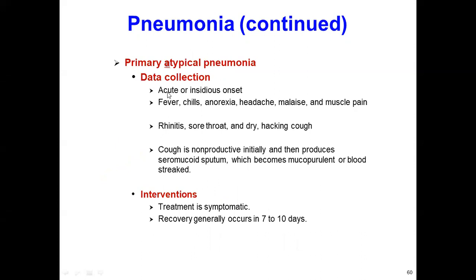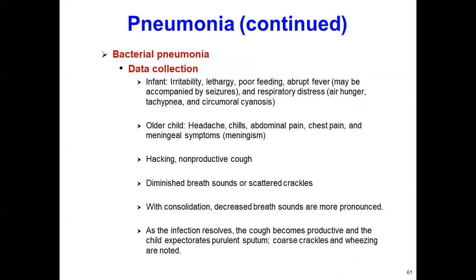Atypical pneumonia has an acute or insidious onset, like what we discussed before. The patient presentation, signs, and symptoms are almost the same: fever, chill, anorexia, headache, malaise, muscle pain, sometimes rhinitis, sore throat, and cough. What are the treatment options? Treatment is symptomatic, so you give the treatment according to the symptoms. Recovery generally takes 7 to 10 days.